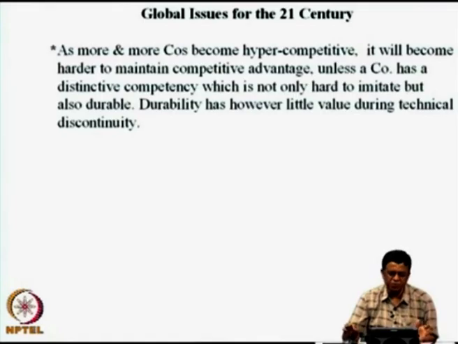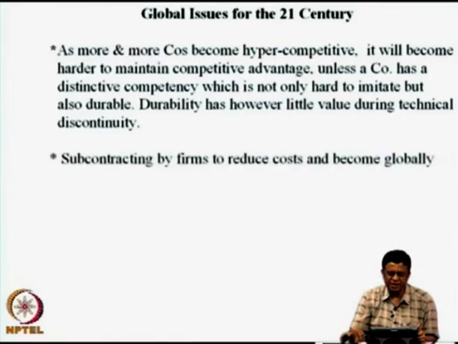As more and more companies become hyper competitive, it will be harder to maintain competitive advantage unless a company has a distinctive competency which is not only hard to imitate, but also durable. Durability has, however, little value during technical discontinuity.